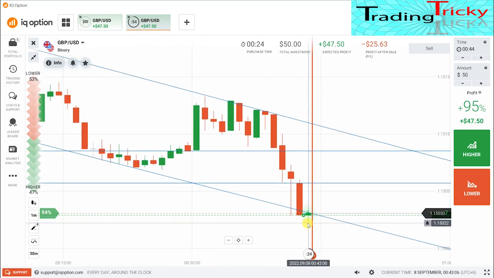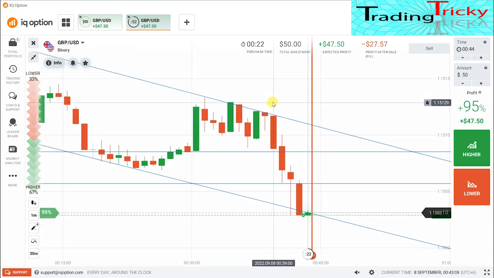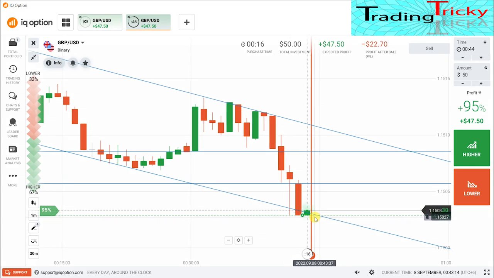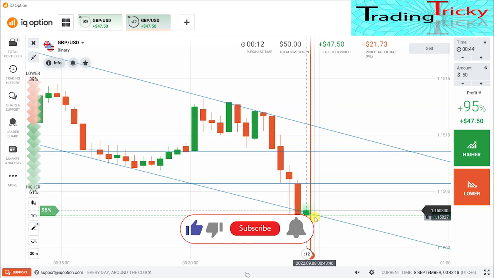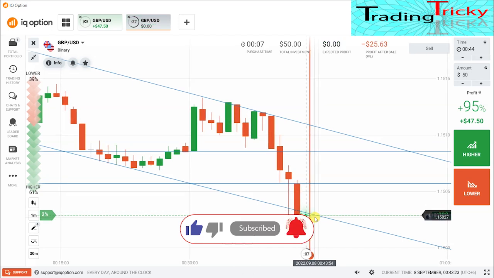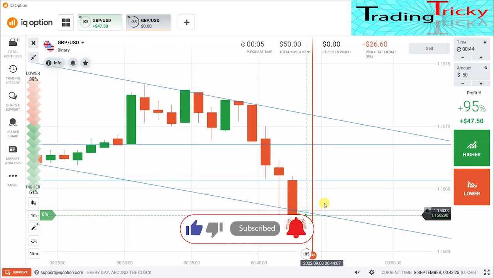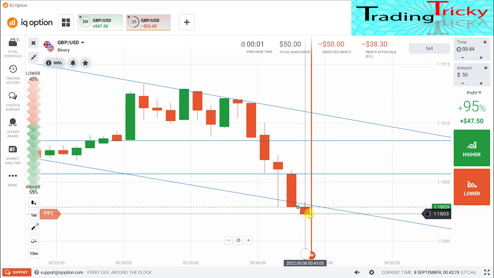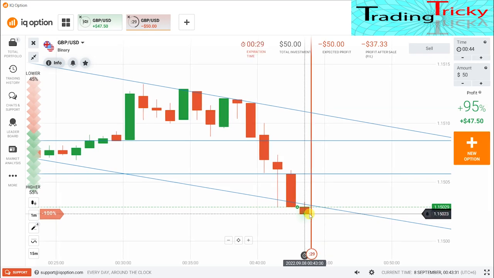This is a good trade, but as this is very strong momentum, I may lose this trade, but this is a good place to trade here. This is a good area to place our trade, a higher option.